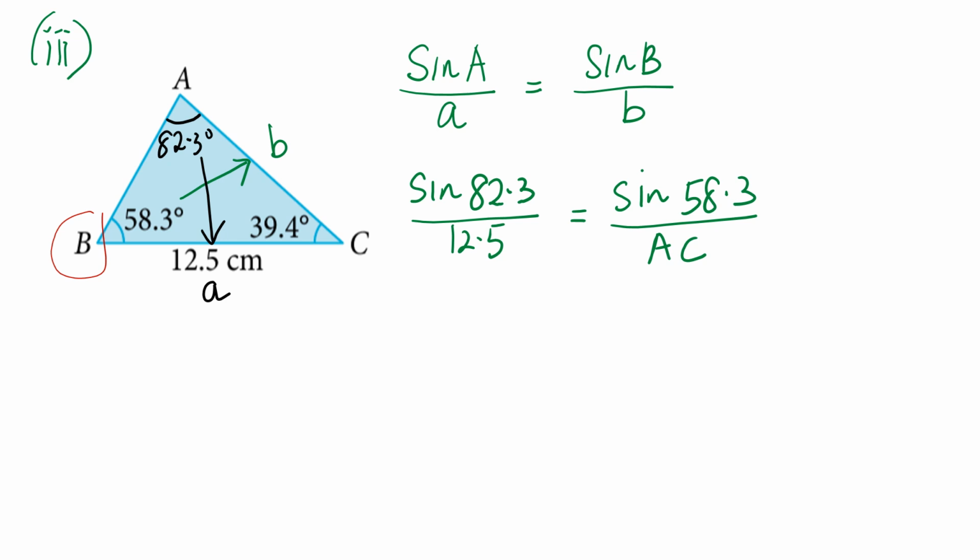I'm not too sure if you remember how the shortcut is derived, so let me very quickly give you an example. Let's say you have x over 2 equals 4 over 5. To find the value of x, you multiply by 5 first on both sides, so that you have 5x over 2 equals 4, and then to get rid of this 2, you times the 2 again on both sides, and finally you get 5x equals 8. The shortcut is basically to do it this way.